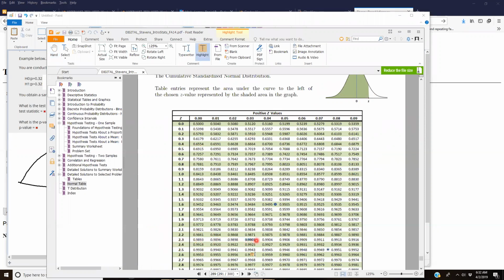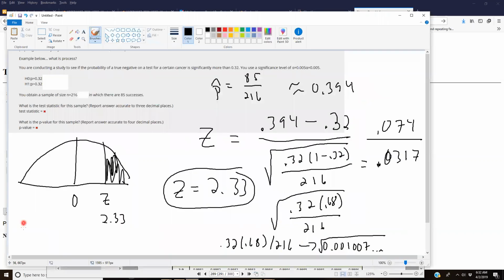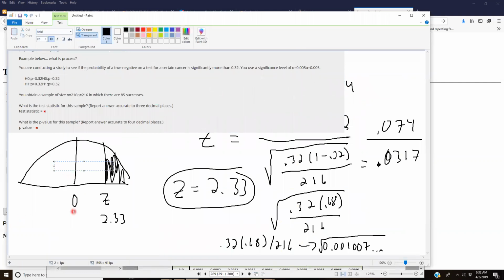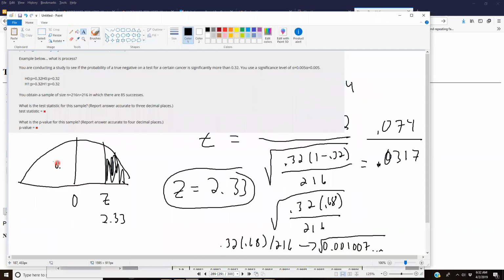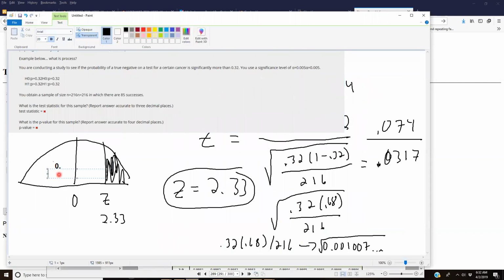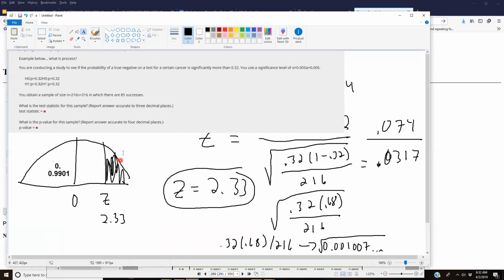I'm going to come back to my paint document and paste that in. So that is 0.9901. That's the area to the left, and I need to find the area to the right.